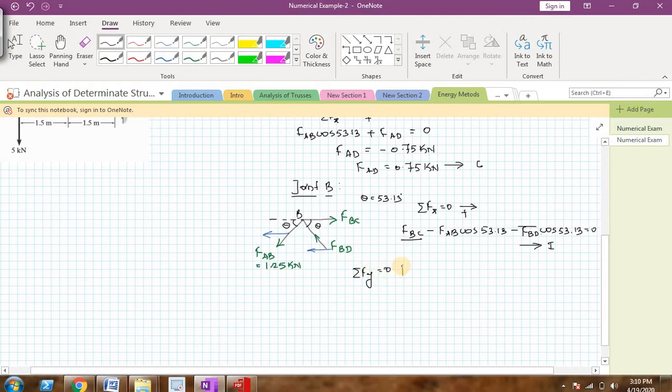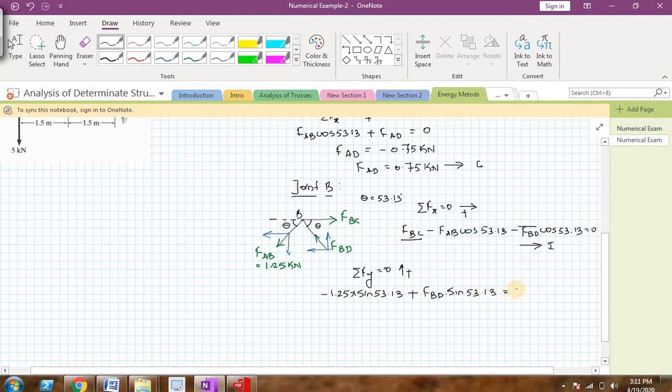So summation of Fy equal to 0, taking upward forces as positive. So when I do that, this will have a downward force component and this will have an upward component. So I can write it as minus FAB, but FAB is already known to me, so minus 1.25 into sine of 53.13, plus FBD sine of 53.13.